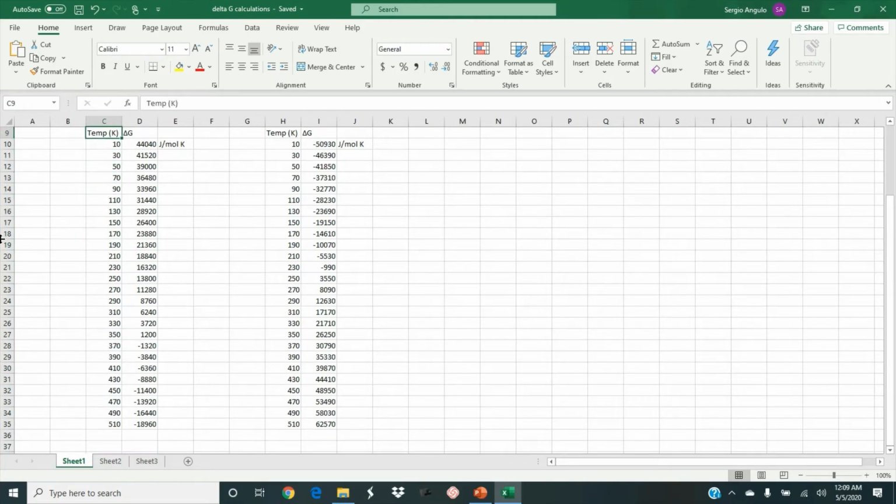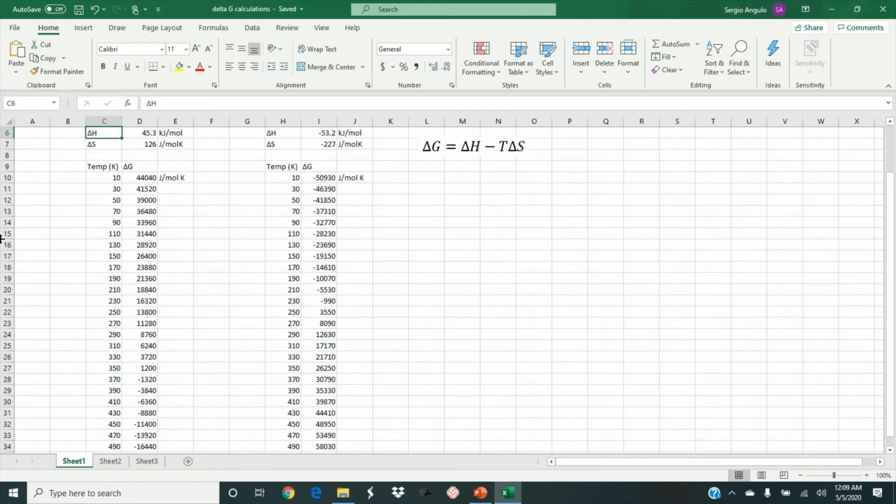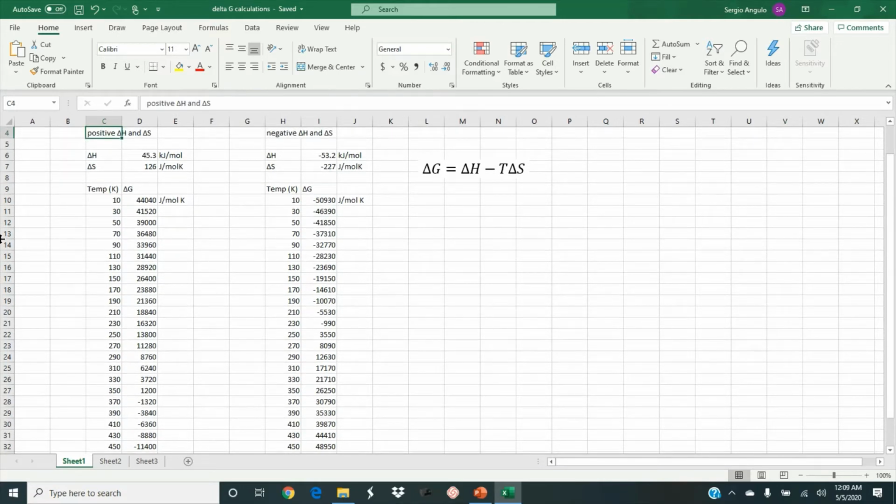So therefore, it's all going to be spontaneous. All those are temperatures at which the reaction is spontaneous. So not spontaneous down here at low temperatures, spontaneous at higher temperatures. This was me just plugging in these numbers into delta H and delta S, and plugging in a different temperature. The spreadsheet did it automatically. I didn't do a lot of work.